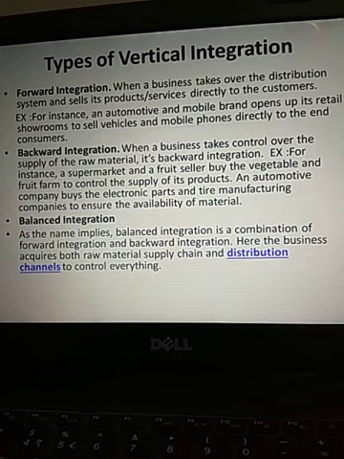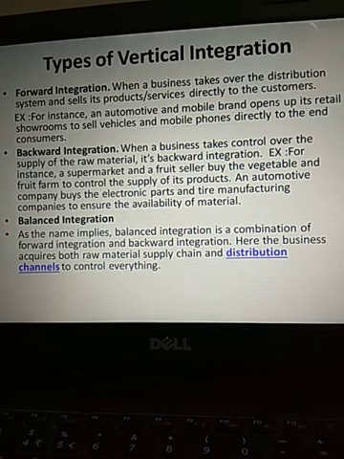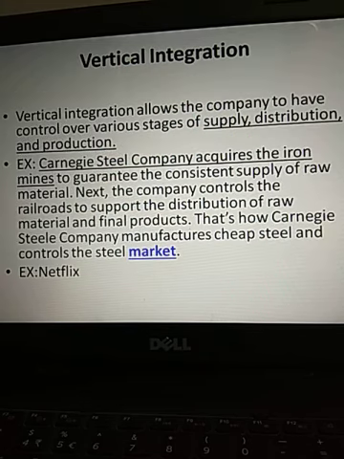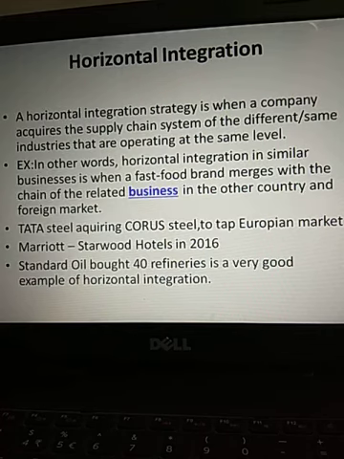Now vertical integration strategies. Forward integration, backward integration. One more is balanced integration. What do you know about vertical integration? Vertical integration allows the company to have control over various stages of supply, distribution, production.